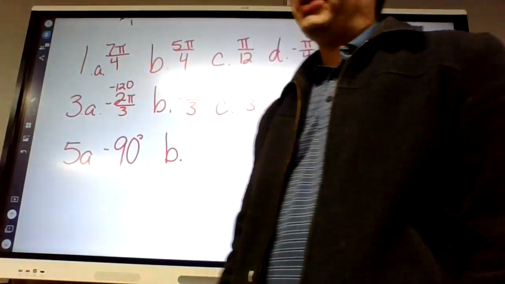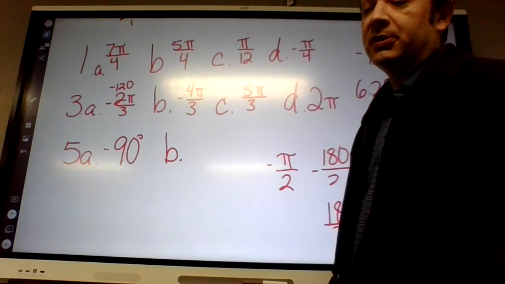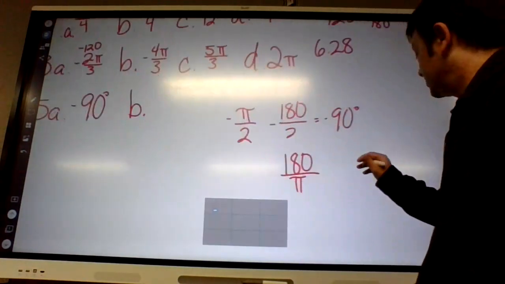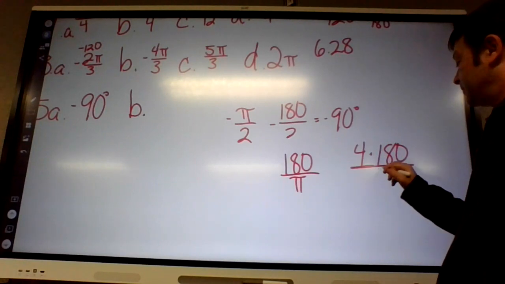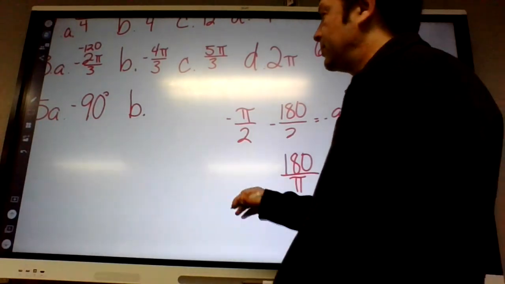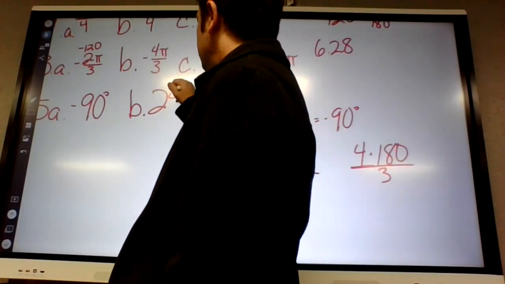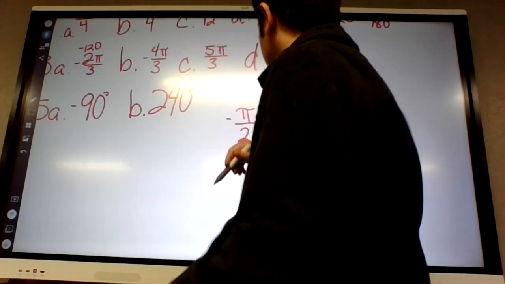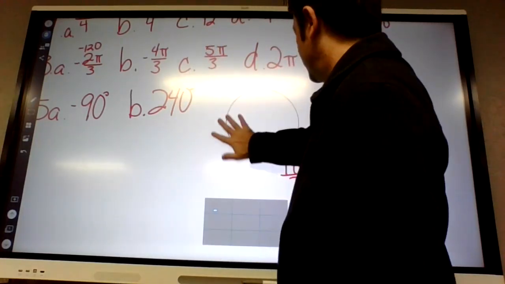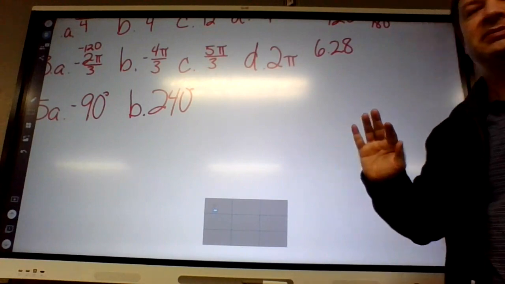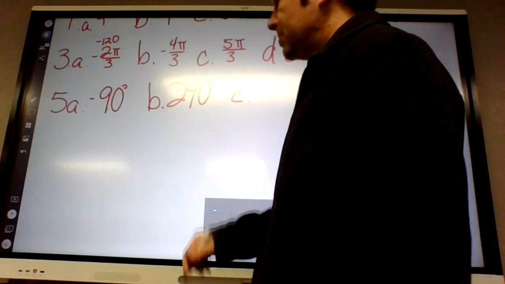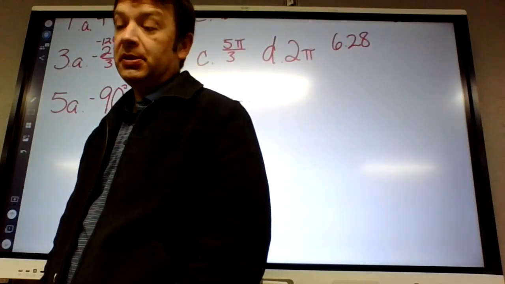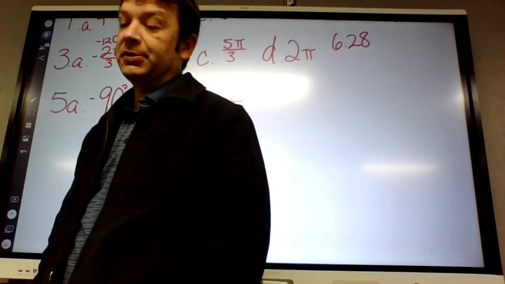B, 4/3 pi. What's 4/3 of 180? 4 times 180 over 3 is 240. I'm going kind of fast. Are you guys following this? Okay. C, negative 3/4 pi.